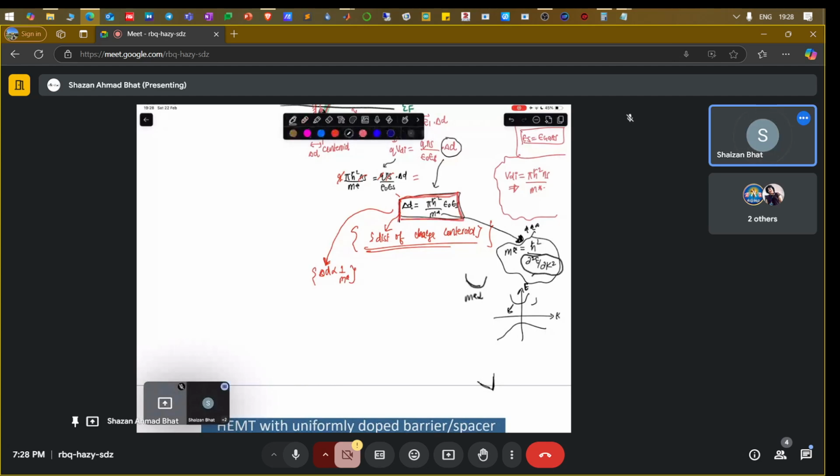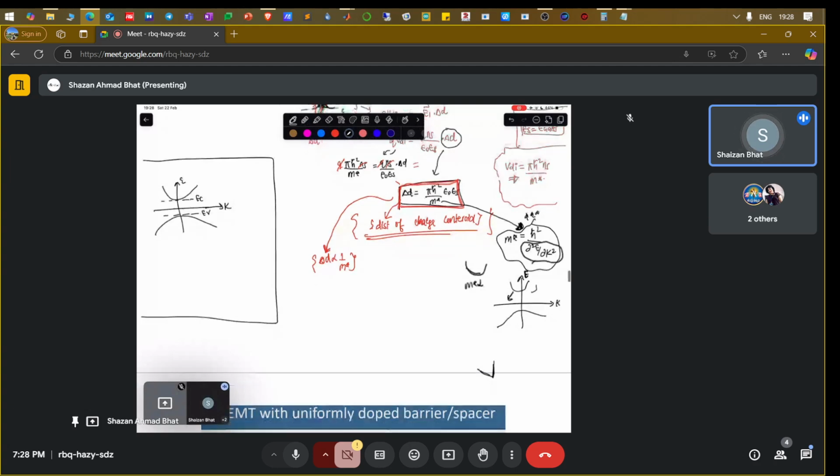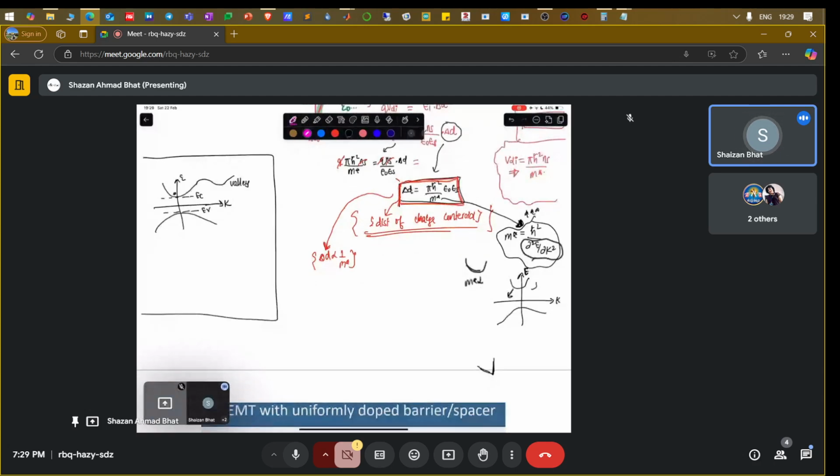So that means if you have a conduction band, and this is a valence band, this bottom is the conduction band and this top peak is the valence band. This is E versus K I'm talking about, don't confuse it with E versus X. Let's say you have an electron here, and another valley here. This is named the gamma valley, and this is named the X valley.